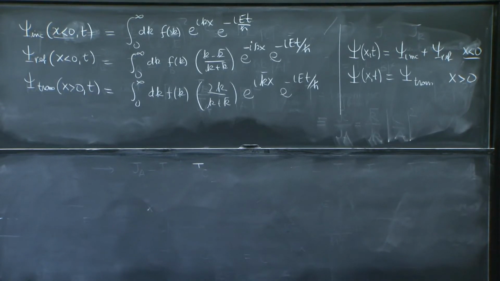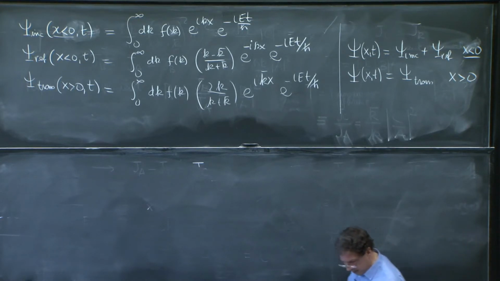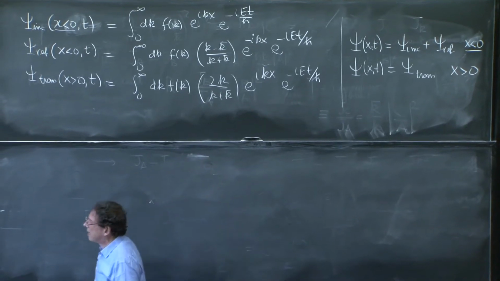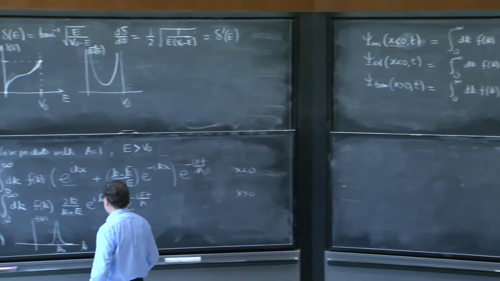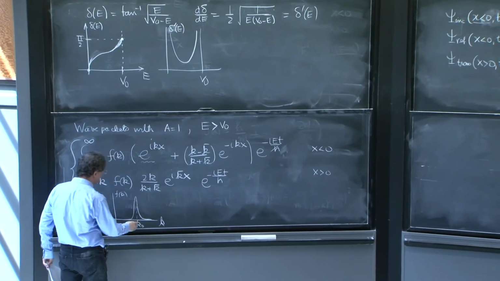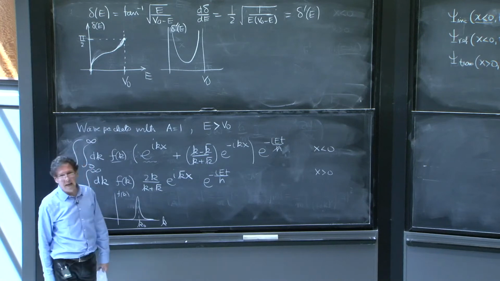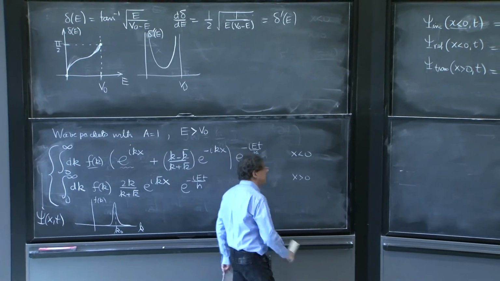Otherwise, we don't see how these packets are moving. So you have some practice already with this. You're supposed to have a phase whose derivative is 0, and it's varying very slowly at that place where there could be a contribution. Now, every integral has the f of k. So that still dominates everything.